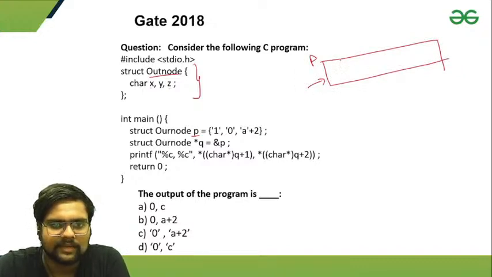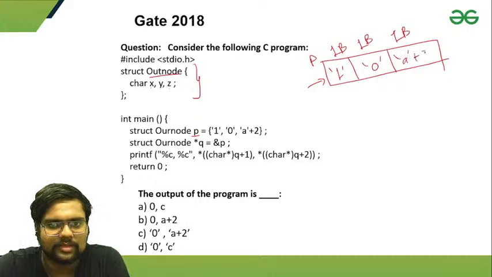In memory, this will be 1 byte, this will be 1 byte, this will be 1 byte, and here we have 1, then 0, and then a plus 2. So a plus 2 will be c.